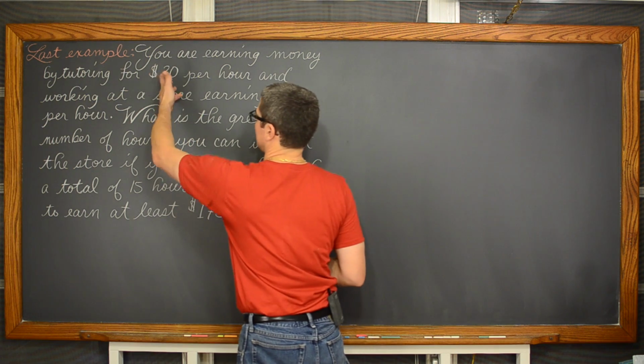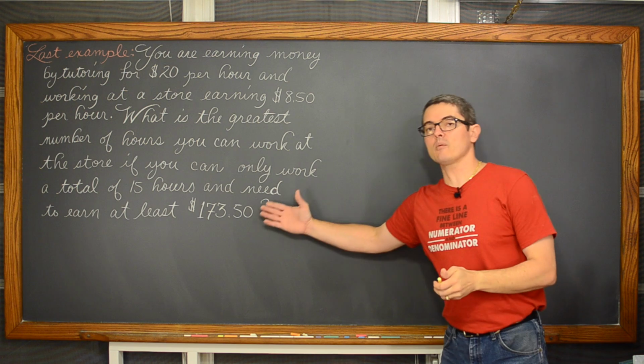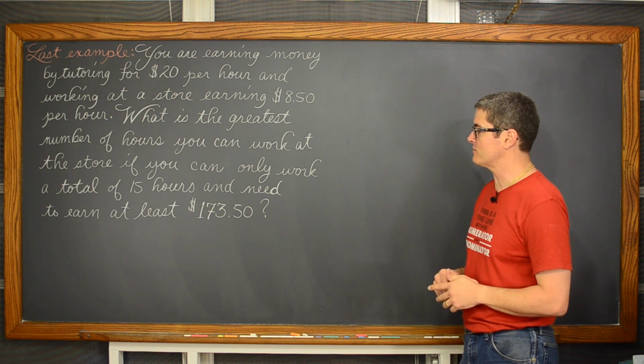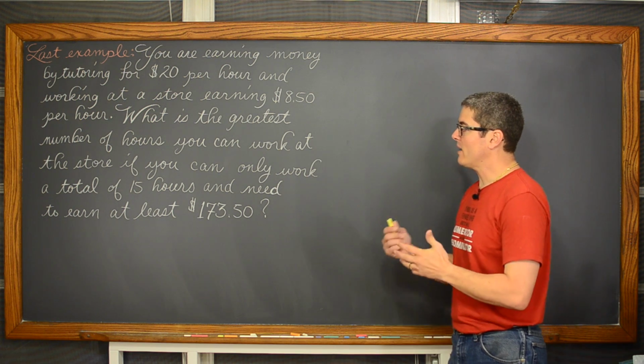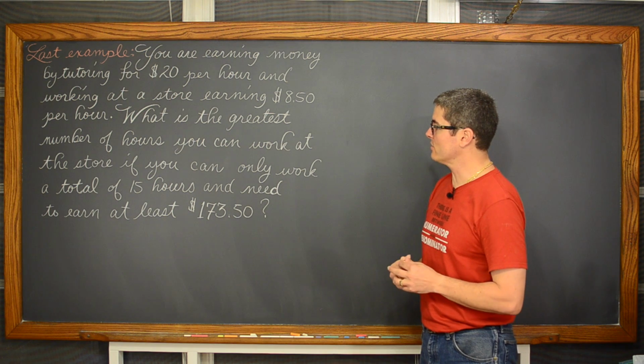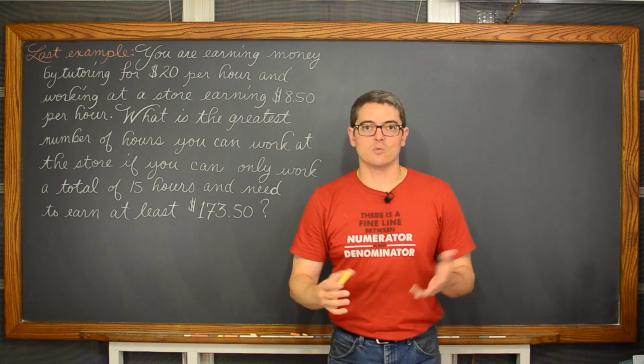We could work all 15 hours at $20 an hour and have even more money than that. But if we need an earned income of at least $173.50, how many hours could you work in the store with a combination of tutoring? Because you don't want to lose that job, because it has some regular pay and benefits.